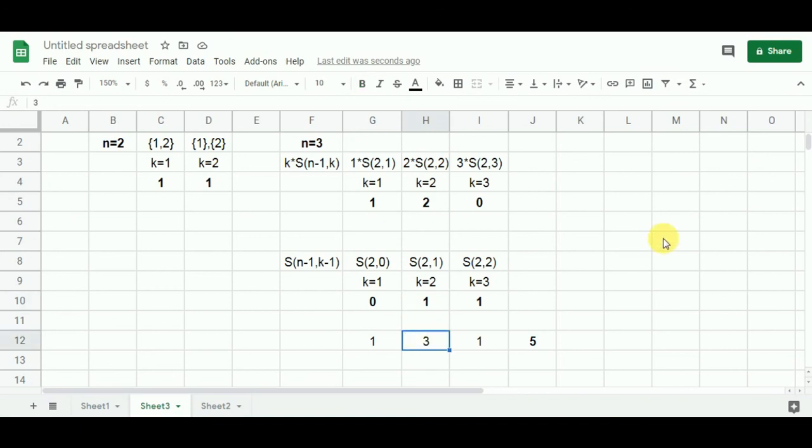So we can say, yes, there are 3 ways to partition a set of 3 integers into 2 partitions, and we already saw that in the previous slide. If someone asks you in how many ways you can partition a set of 3 integers into 3 partitions, then you can say in one way. All right. So this is the beauty of this recursive relation.